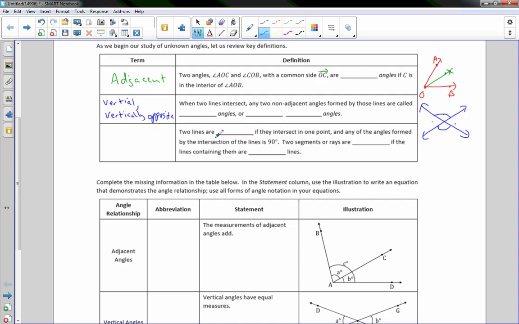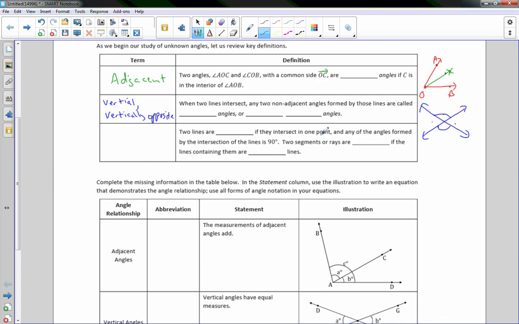Next one. Two lines are blank if they intersect in one point, and any of the angles formed by the intersection of lines is 90 degrees. Two segments or rays are blank if the lines containing them are blank lines. So it's one word that fills in all three blanks here.